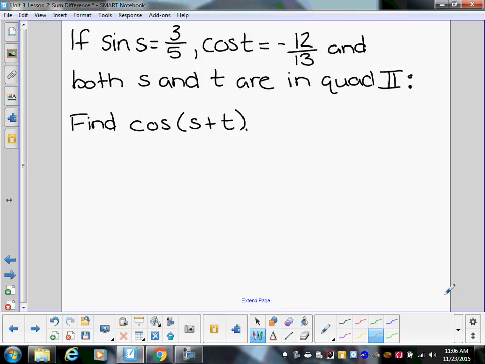I know the sine of one, I know the cosine of the other, and I'm told that they're both in quadrant 2. Shouldn't it be S and C? That's S and T.